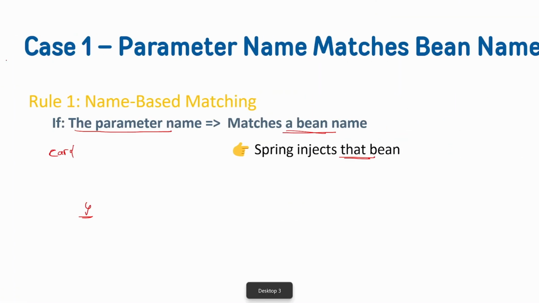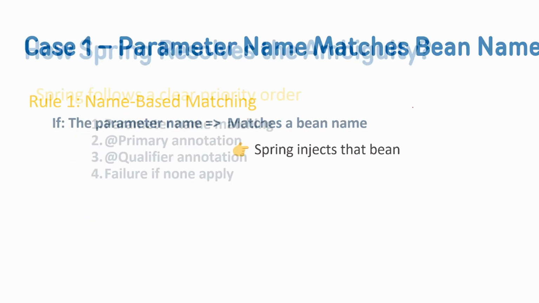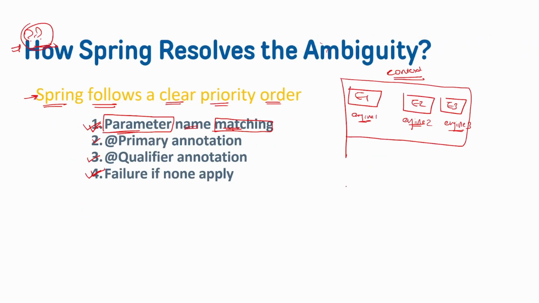So the first order is name based matching. If the parameter name matches a bean name, because we have multiple beans available here, and the parameter name we are using in the constructor is engine 1, then this engine will be injected.